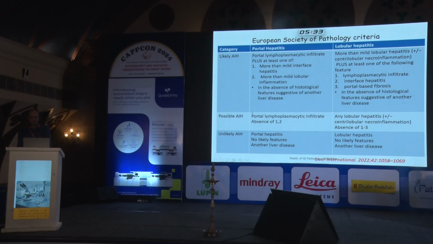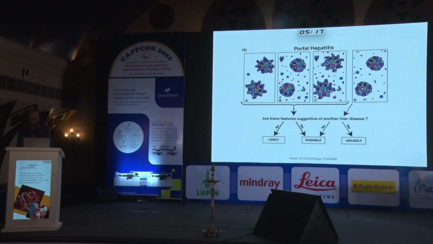And if these two are absent, it is possible for AIH. And if we are getting some other liver disease, it's unlikely for AIH. This is being reviewed by the International Autoimmune Hepatitis Group for acceptance. These pictures show the pictorial representation, with either interface hepatitis or lobular infiltration, or both, present for possible or likely. And if they are absent, most probably they are unlikely.